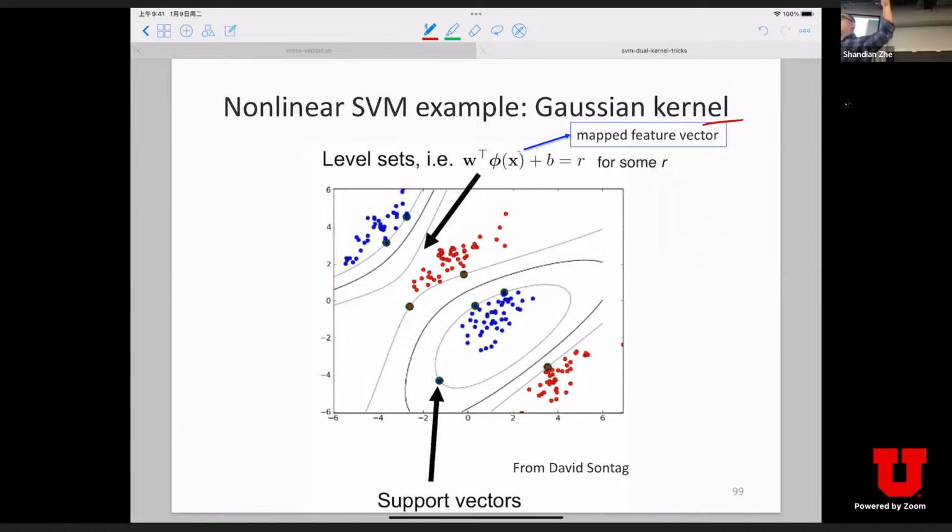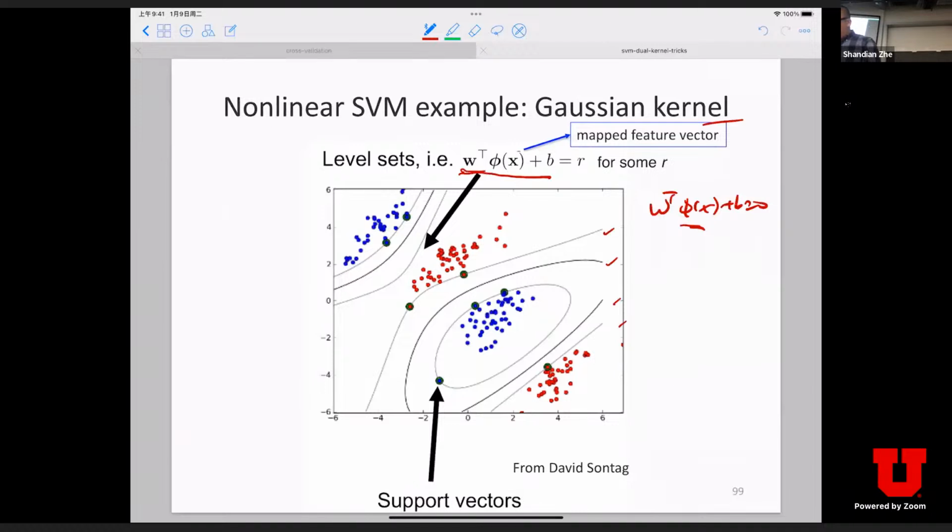That hyperplane you cannot imagine, but you can think of it as W transpose phi(x) plus B equals 0. If you project this hyperplane into the two-dimensional space, it won't be a hyperplane anymore because phi is nonlinear. It will be some curves. That's why we show some curves here.